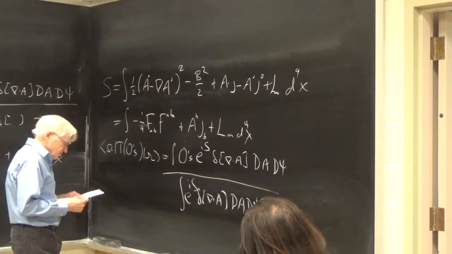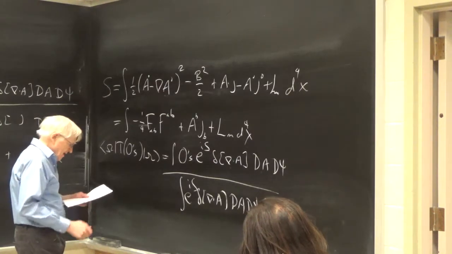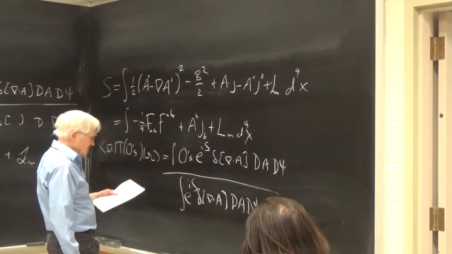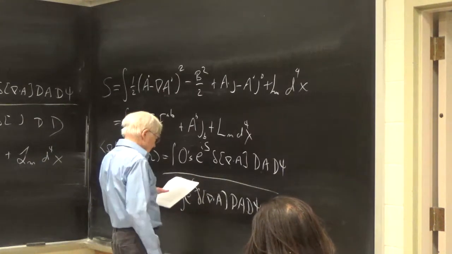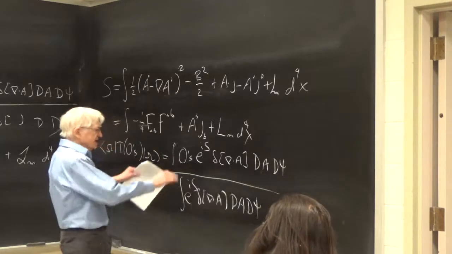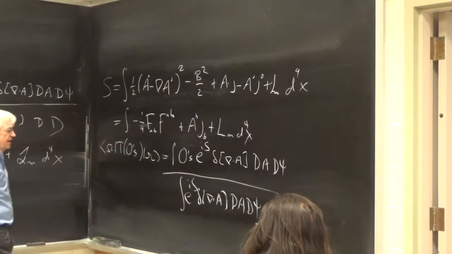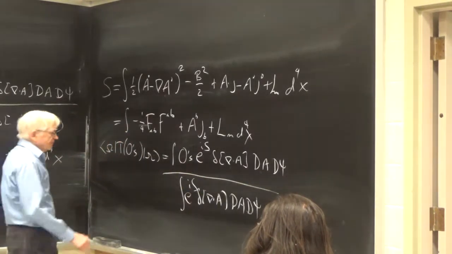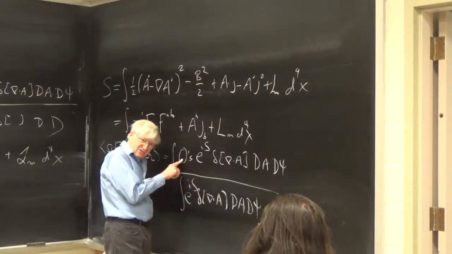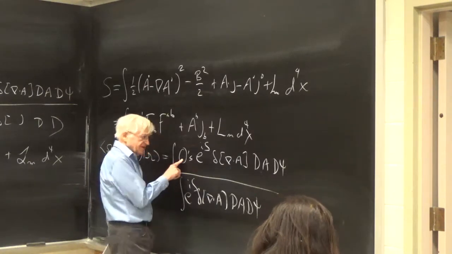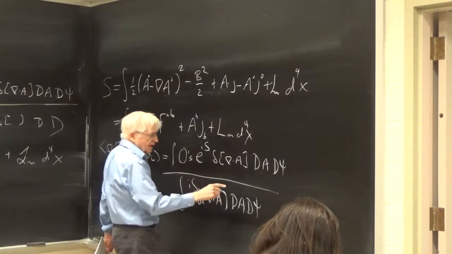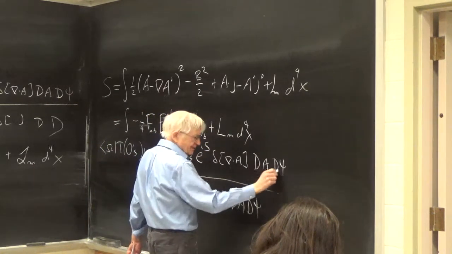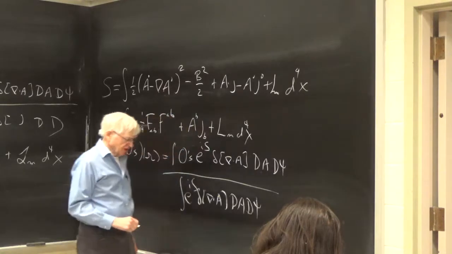So let's make a gauge transformation on the numerator and another one on the denominator. What happens if we gauge transform everything? Well, we're assuming these are gauge invariant operators, so nothing happens. This is already gauge invariant. We're assuming that these measures here are gauge invariant.